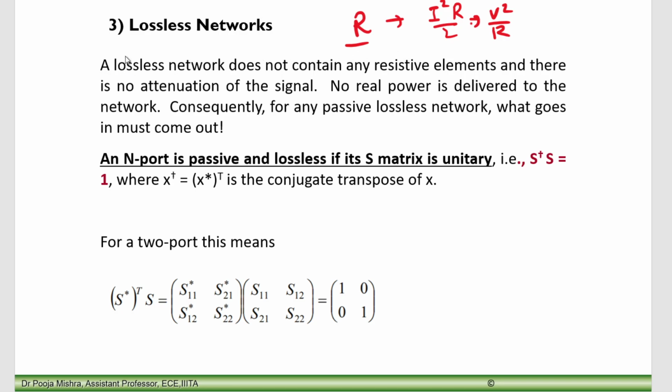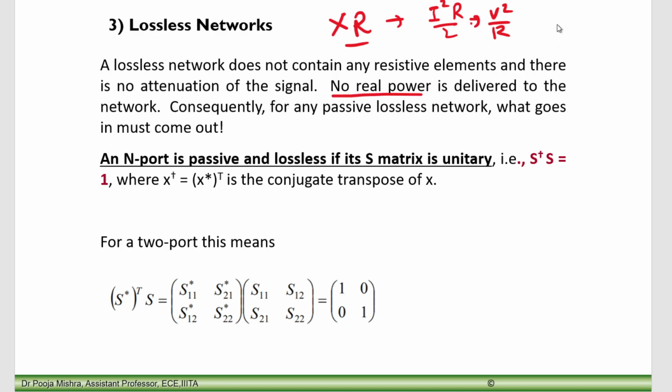So if I say the network is lossless, it should have no resistive component, only the imaginary component like inductance or capacitance. If there is no resistance, the power delivered to the network is not real, it is imaginary power.